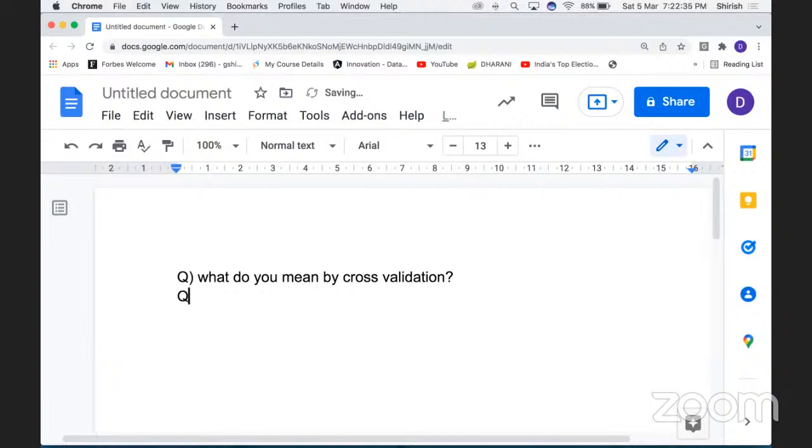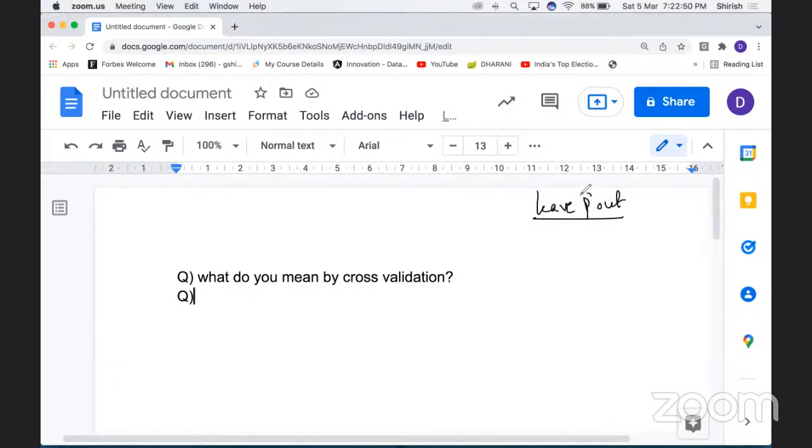Further, if we want, we can even take the leave one out method or the leave p out cross validation.